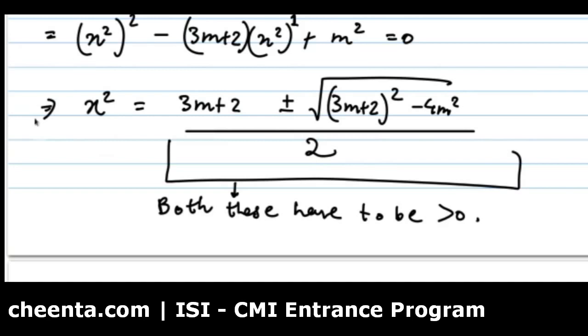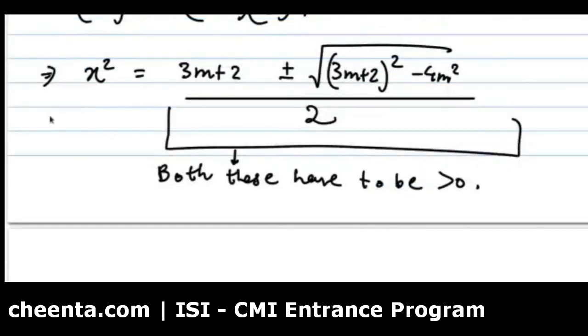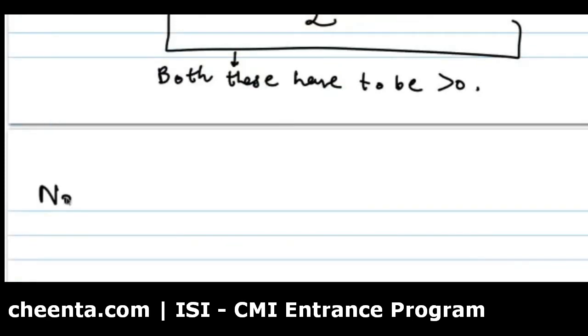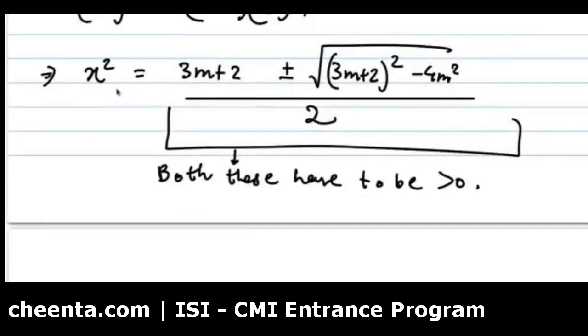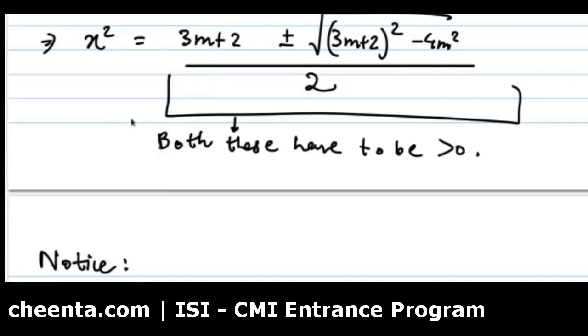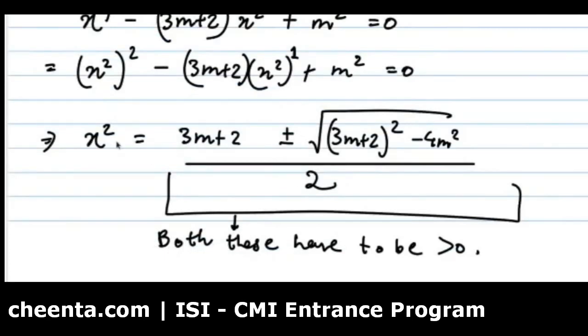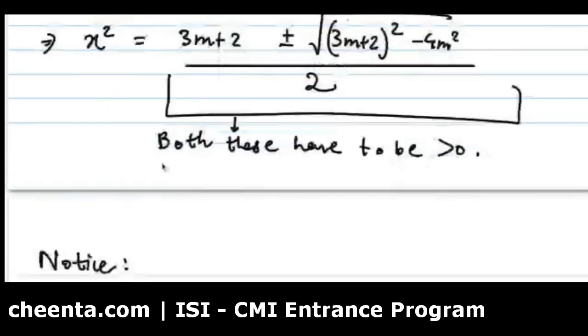So notice that it follows from here that if both of these are positive, then all four values of x will be real.